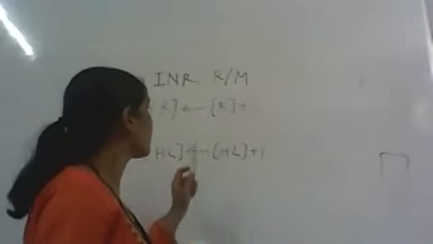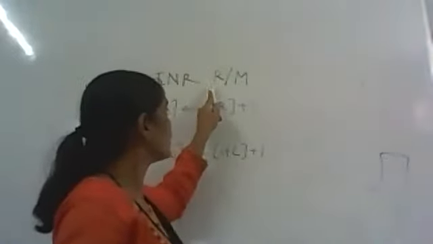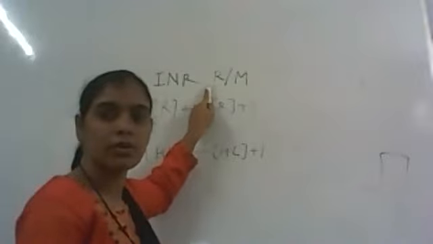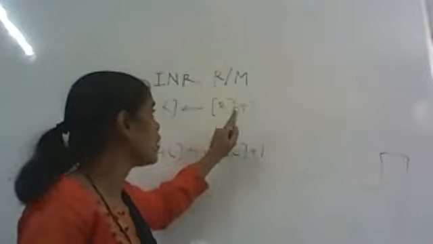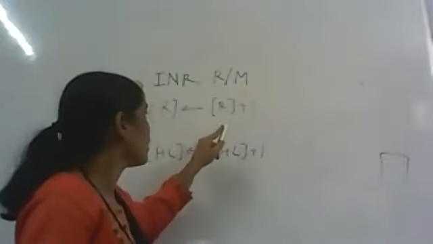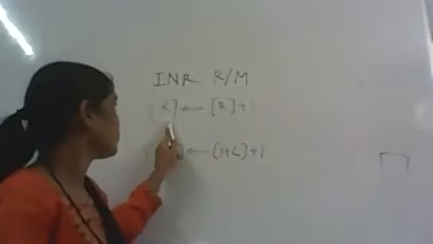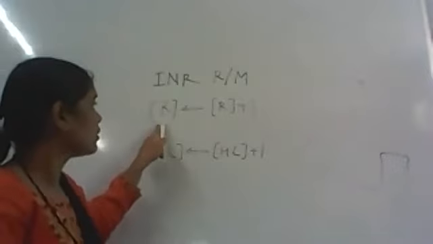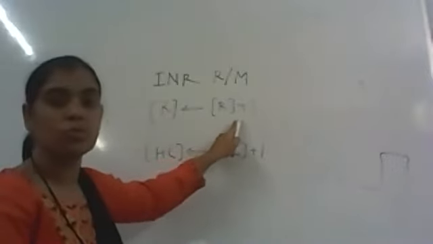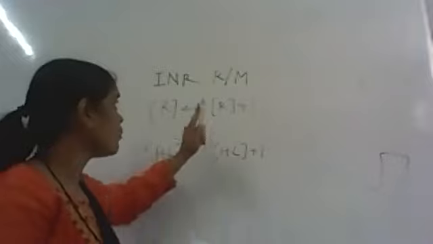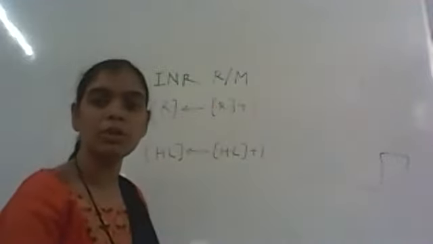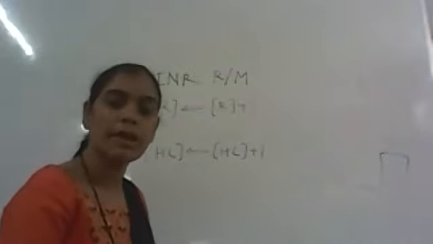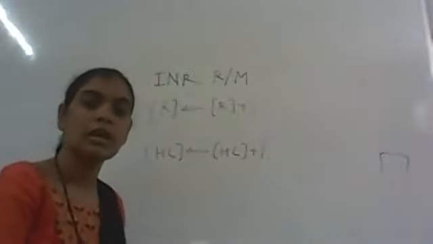See here, first the INR operand is a register. INR R, that is increment register content by 1. See the format after increment: R plus 1. If the operand is memory, increment the content of the memory location pointed by the HL pair by 1.